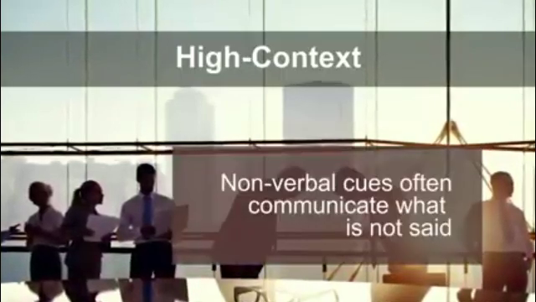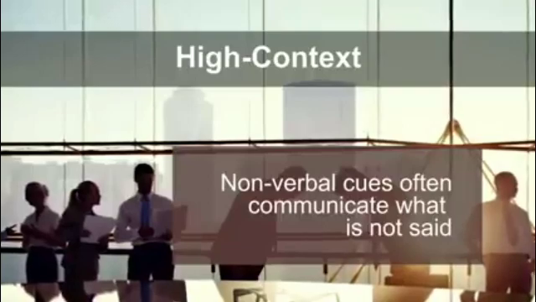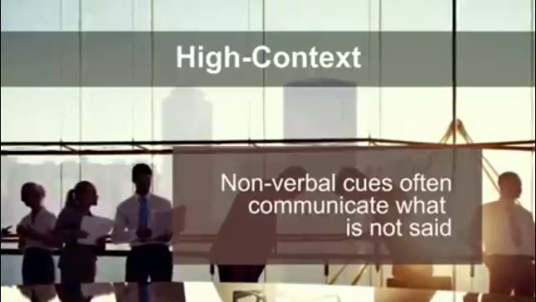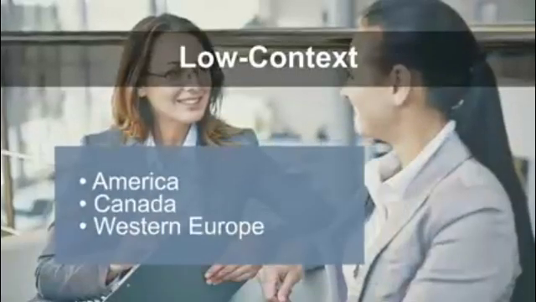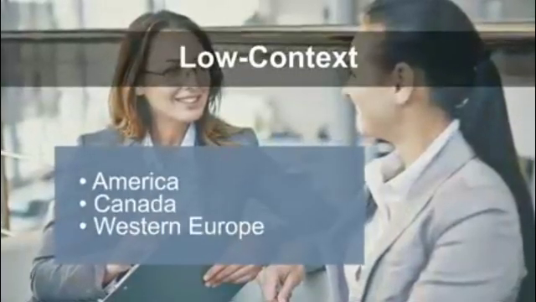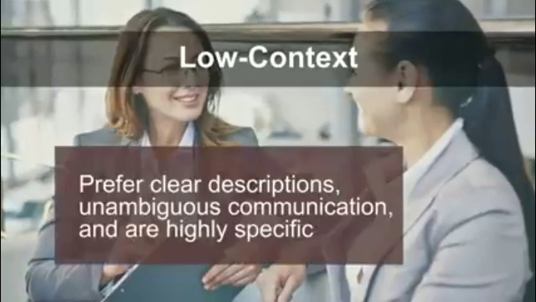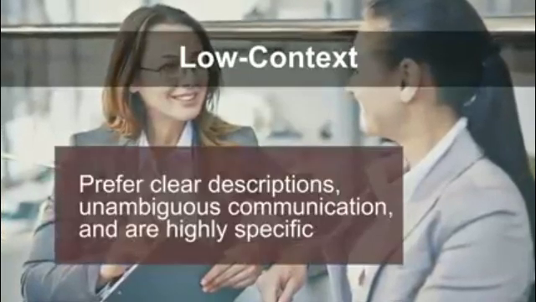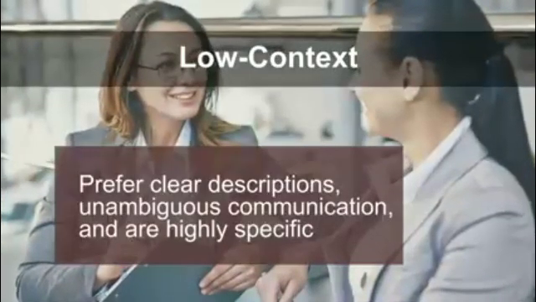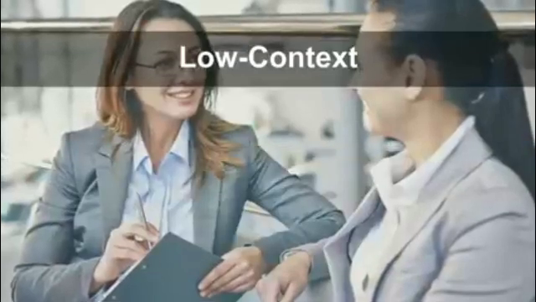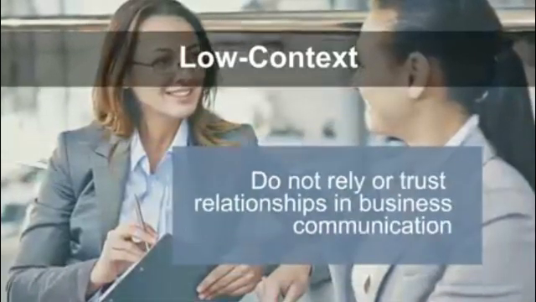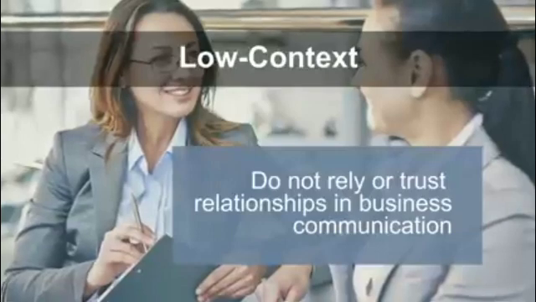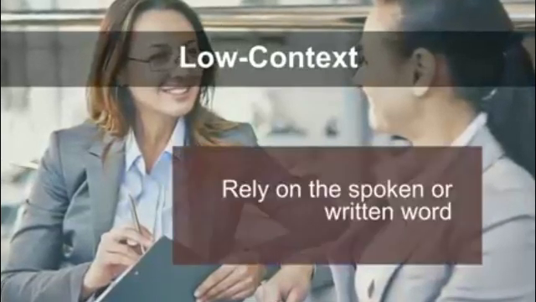Nonverbal cues often communicate what is not said, and silence can have great meaning. In parallel to this are low context cultures, such as America, Canada, and Western European countries. These communicators prefer clear descriptions, unambiguous communication, and are highly specific. Low context communicators do not rely or trust relationships in business communication. Instead, they rely more on the spoken or written word.